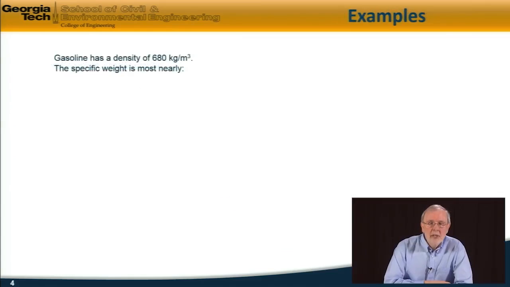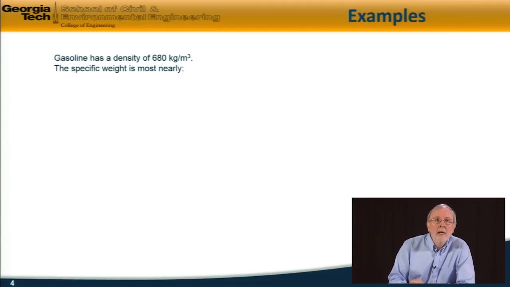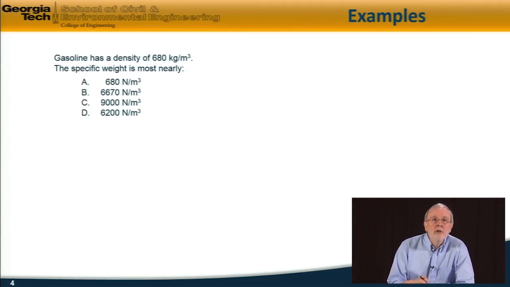Now let's do some examples, and the first one is that we're given that gasoline has a density of 680 kilograms per cubic meter. The specific weight is most nearly which of these alternatives? And usually at this point I will pause briefly so you can try these examples and then check to see if you got the right answer.